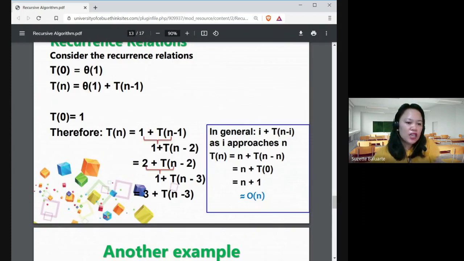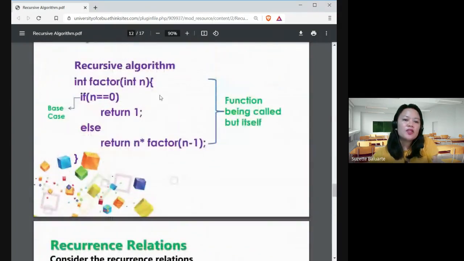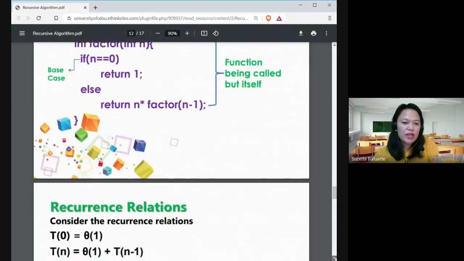Your T of 0 is equal to 1, so you'll have the formula based on this given here. This is theta of 1, and then this is n, and since there is nothing else, it would be the factorial of n minus 1, which is T of n minus 1.